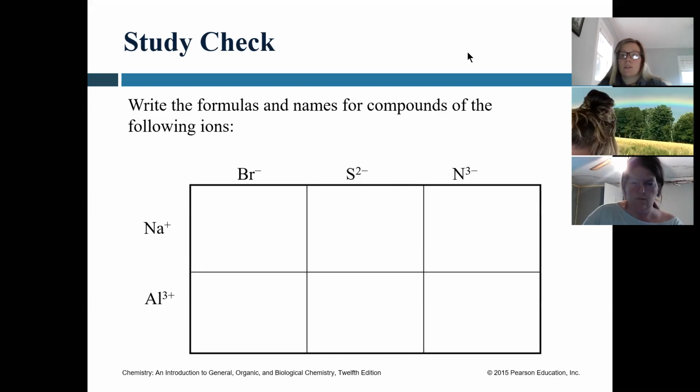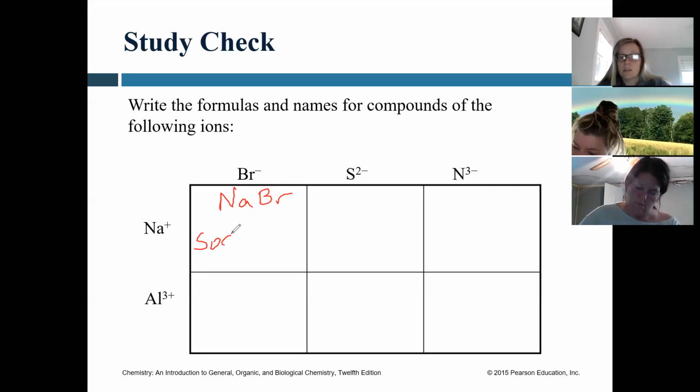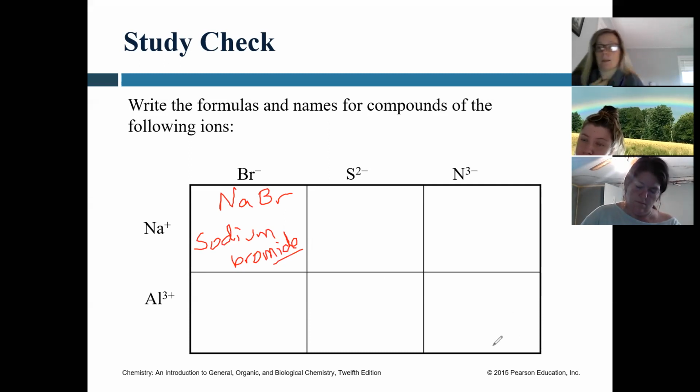So I can do this first one with you all. I've got sodium and I'm going to combine it with bromine. So I flip-flop the charges. It's a 1-to-1, so it'll be NaBr. And then I'm going to write its name, which is sodium bromide. And I IDE the end. All right, you're going to do it for the other 5 boxes.